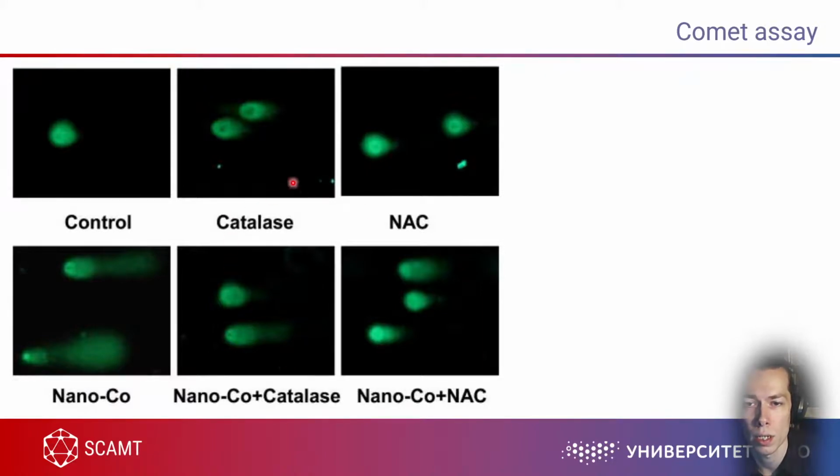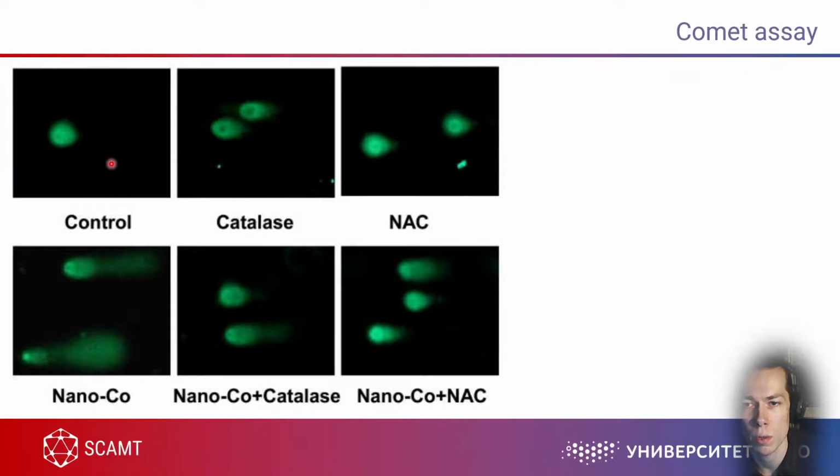If you stain DNA in your cells and then put your cells in agarose gel, you can perform some kind of gel electrophoresis, but with the whole cells. And in case you have your DNA in a non-damaged, intact state, there will be no tail.